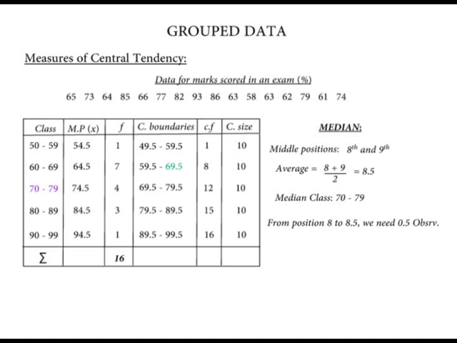This 0.5 will come from the next class, 70 to 79. The class size is 10 and the frequency is 4. So we have 4 over 10 times 0.5, giving us 0.2. This we add to 69.5 and we shall get 69.7.